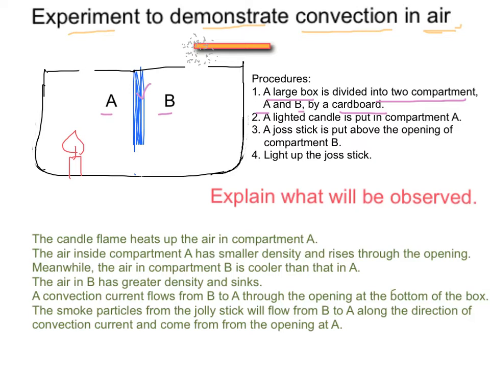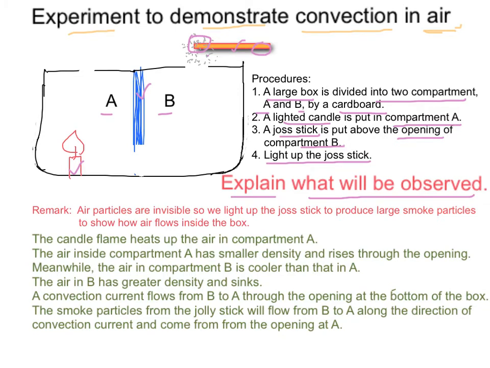Secondly, a lighted candle is put in compartment A. Next, a joss stick 拜神用嘅香 is put above the opening of compartment B. The last step is to light up the joss stick. 點着呢一支香。Can you explain what will be observed?